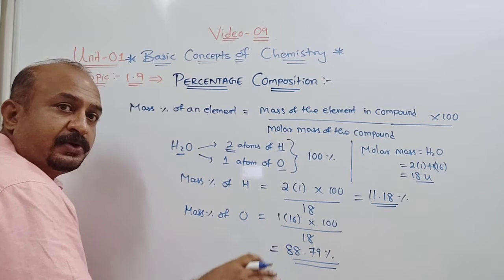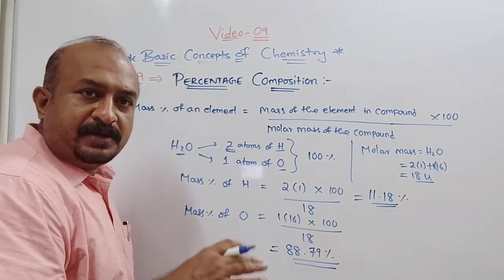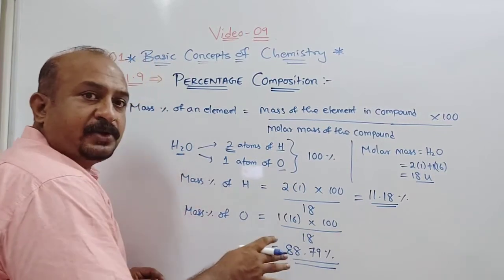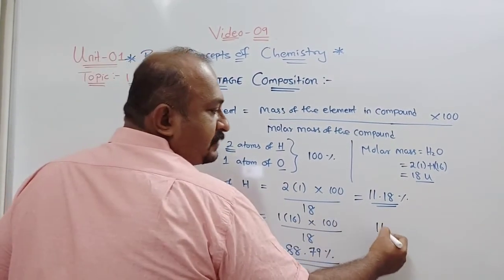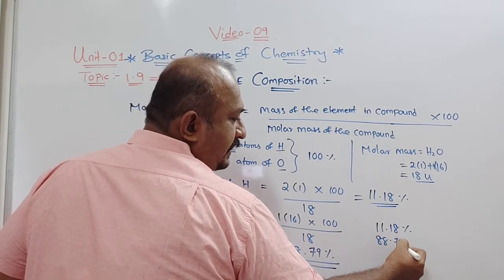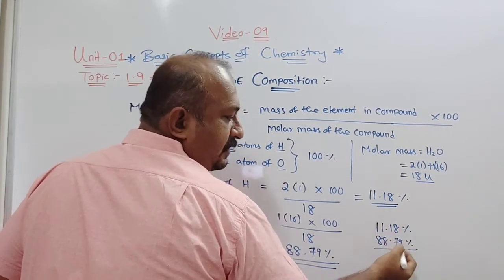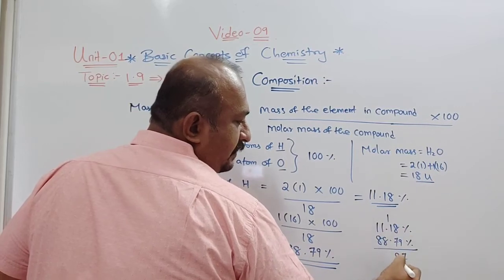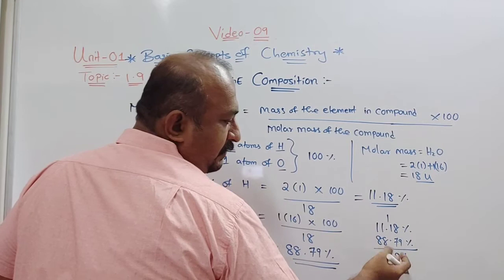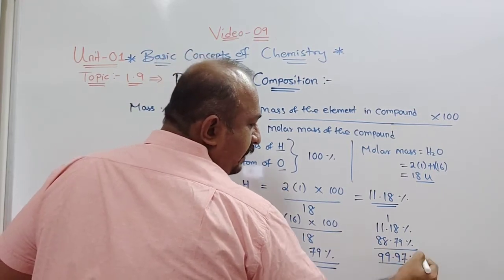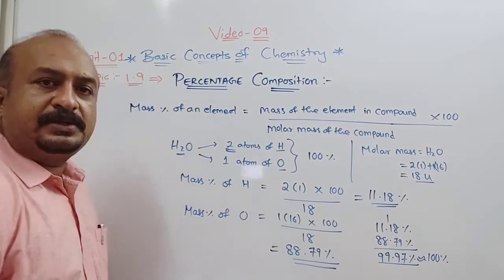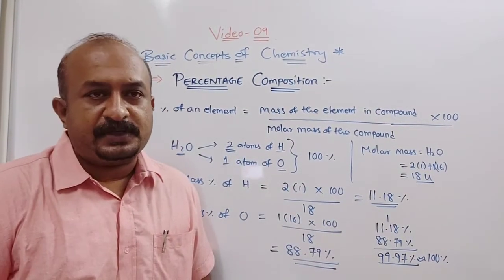Now if you want to cross-check whether the percentages we found are right or not, just add both of them. It should be 100%. If you do, it should be near 100%. It is 99.97, that is approximately 100%. So we found the percentage is right.